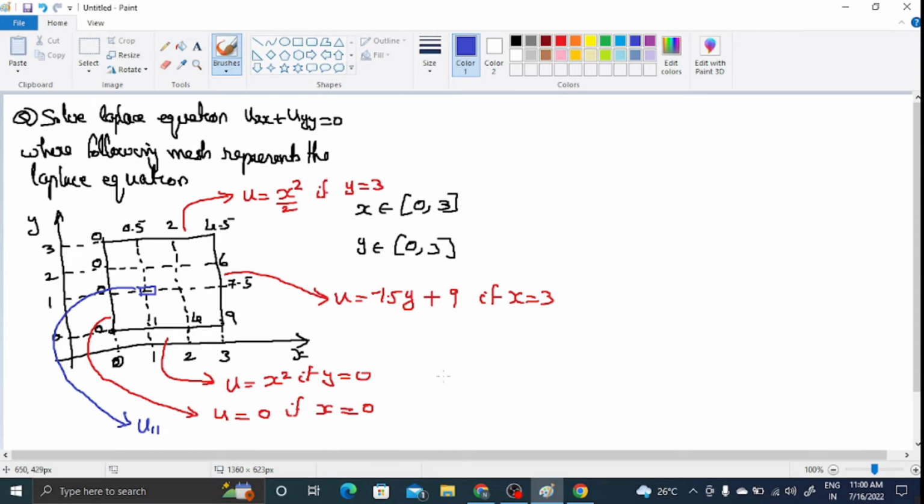Okay, so can you write u11 using the standard 5-point formula? The standard 5-point formula is the left data plus right data plus bottom data plus upper data. So please give me what is u11.